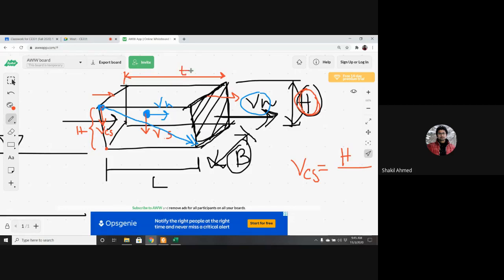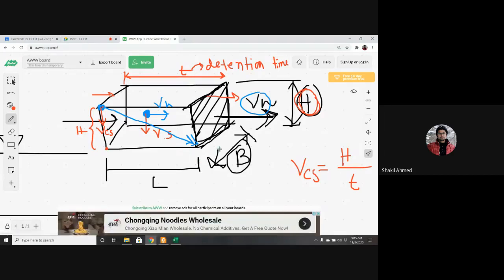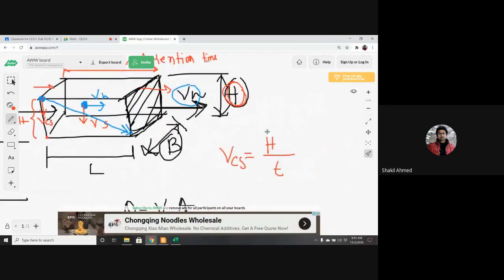We call it the detention time. So the critical settling velocity is basically H over T.